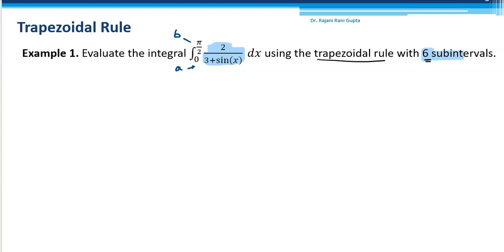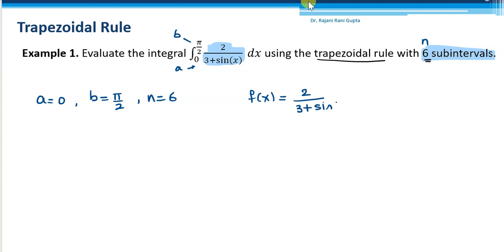Given that the subintervals are 6, we have a equal to 0, b equal to pi by 2, n equal to 6, and your function f(x), which we also write as y, is 1 over 2 plus 3 sine x. Note that it is everything except this dx. Everything that is the integrand, the function you are integrating, is f(x).